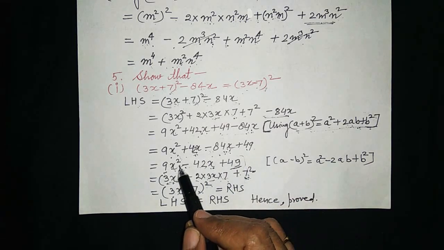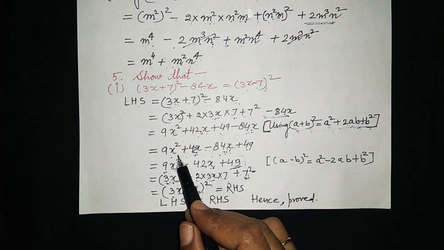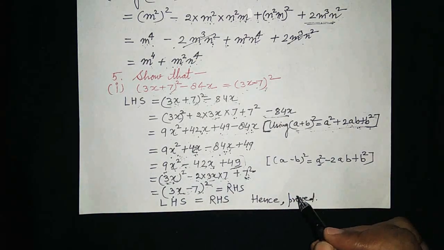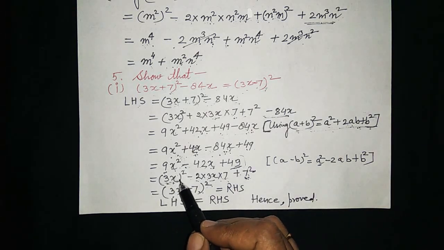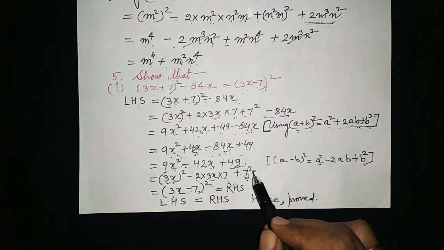Here for 9x square we will write (3x) whole square. You know why? Because we have to write this 9x square in the form of a square. So here you will write (3x) whole square, and for 49 we can write 7 square.